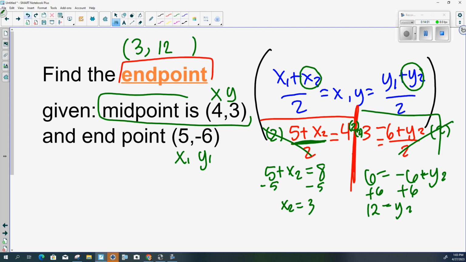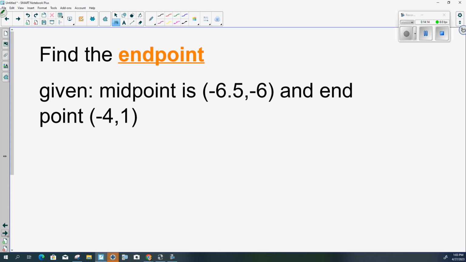Okay, I have one more example that I want you to try on your own. Once you see that your neighbor is done and you're done, please compare answers. If you're getting different things, try to find out where they're messing up. So here's your other, we're looking for the end point. We're looking for x2, y2. This is the midpoint.